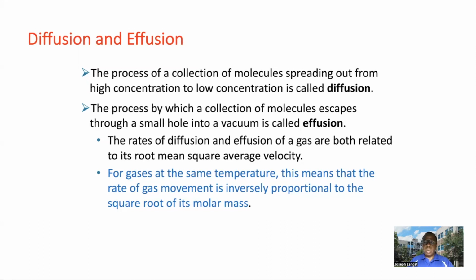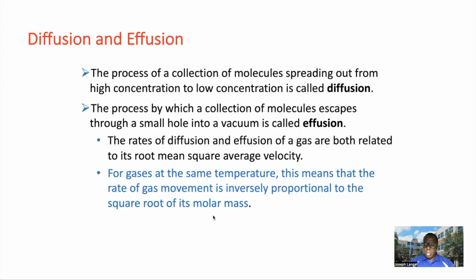We'll see in Graham's law how to calculate the rate of effusion. The rate of diffusion and effusion of a gas are both related to root mean square velocity, which we talked about in the previous couple of slides. Please go back and revisit the root mean square velocity for gases. For gases at the same temperature, the rate of gas movement is inversely proportional to the square root of their molar masses.